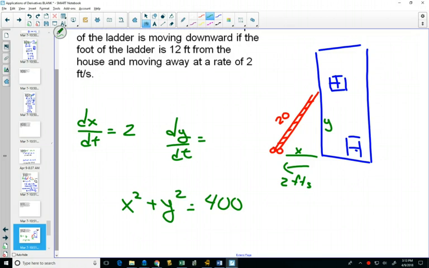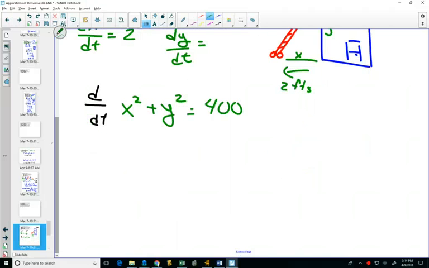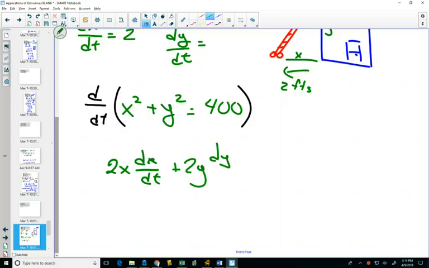So no need to put a variable in for your hypotenuse, because we know it's always going to be 20. And so x squared plus y squared equals 400. Now, when you take the derivative with respect to time, of course, x is a function of time and y is a function of time. Well, this becomes 2x dx/dt plus 2y dy/dt equals 0.